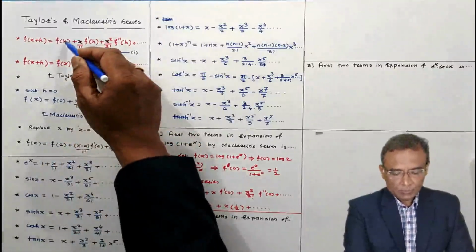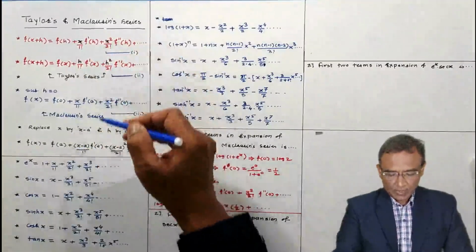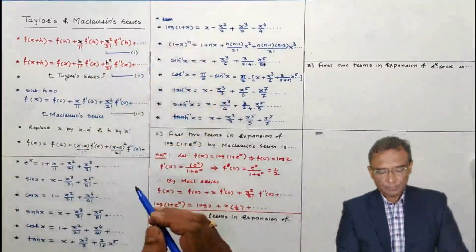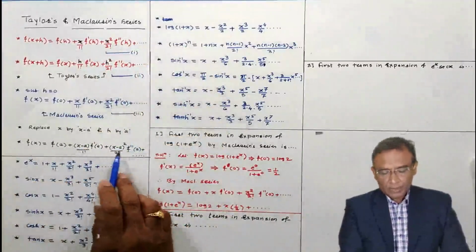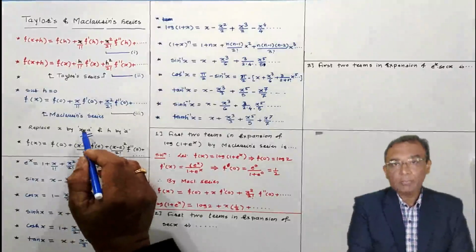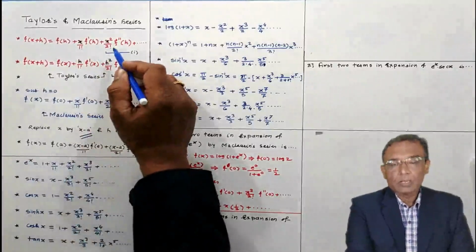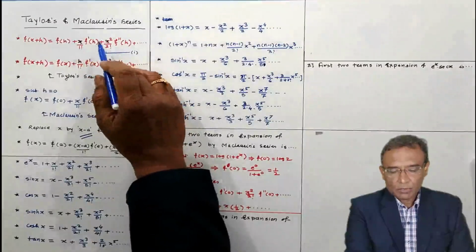So this is the Taylor series in ascending powers of x minus a, in ascending powers of this linear factor.